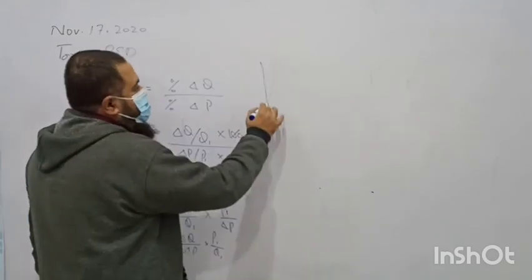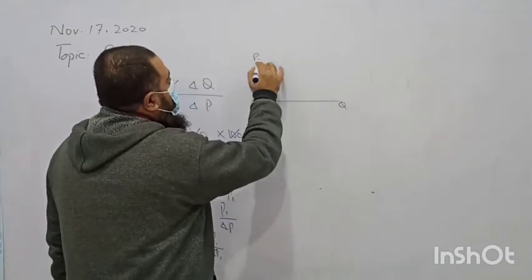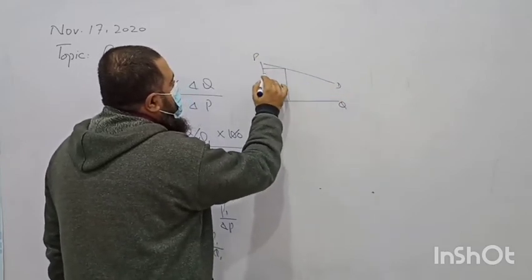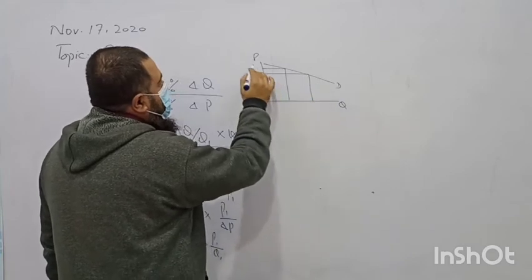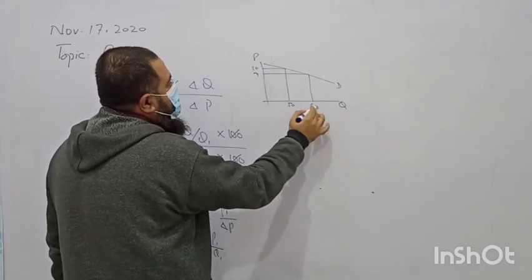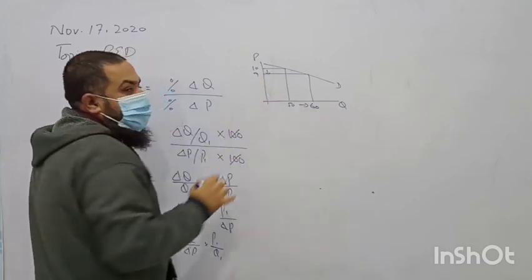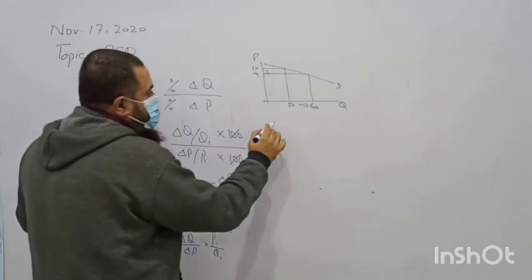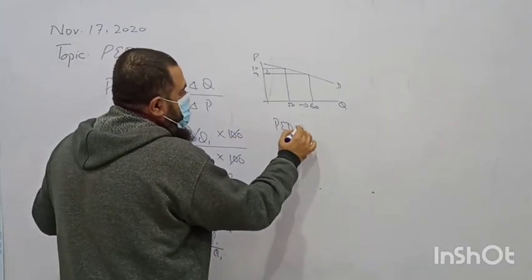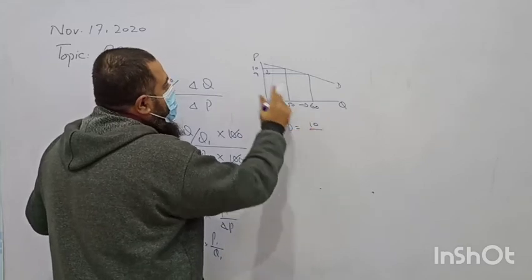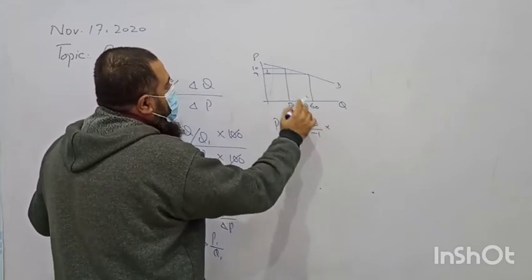Like if I say, find the price elasticity of demand using this derived formula: at 10 there is a demand of 50, at 9 we have a demand of 60. How can we find the price elasticity of demand? Change in quantity, that is Q2 minus Q1, is 10, and change in price is minus 1.